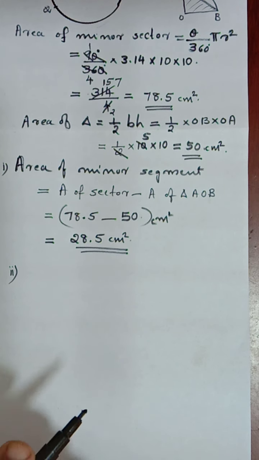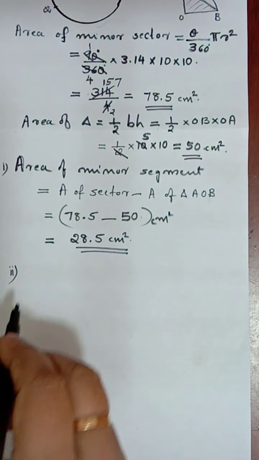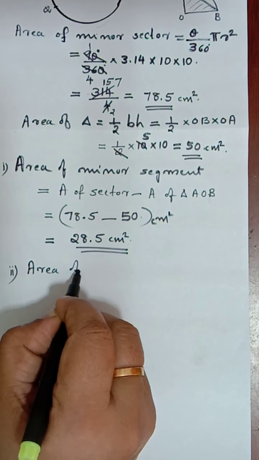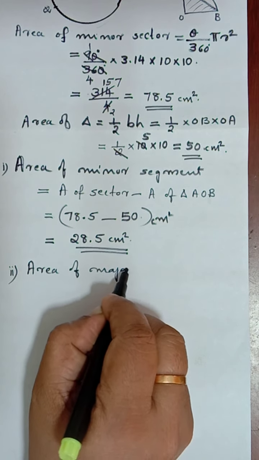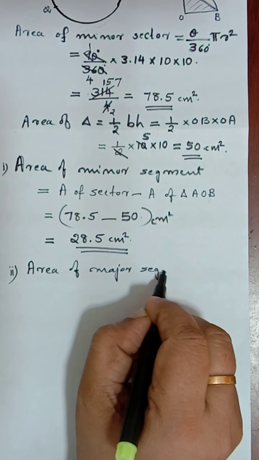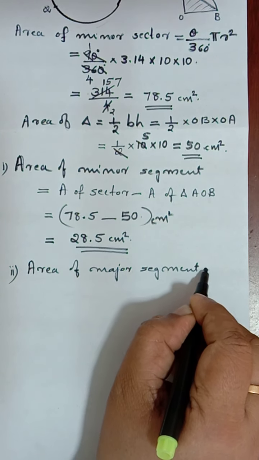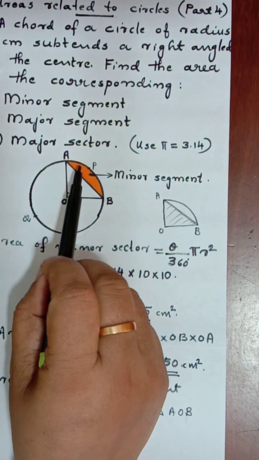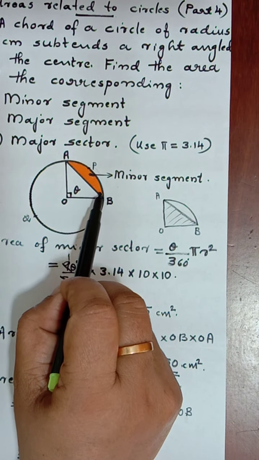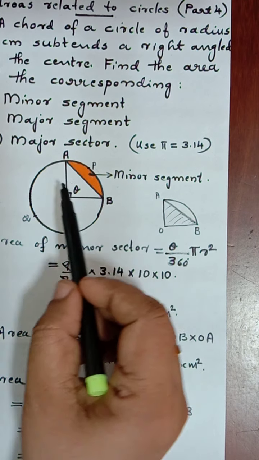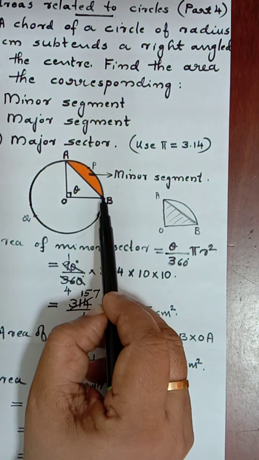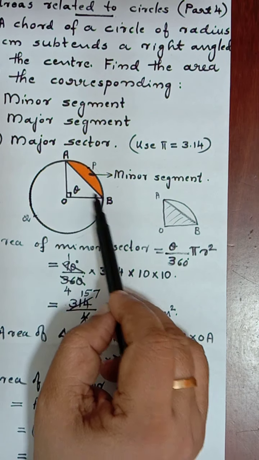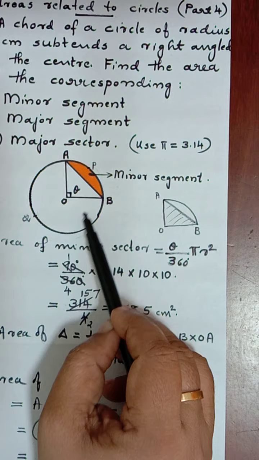Second part of the question is area of major segment. How do we get that? When you see the figure, you will understand. This is the minor segment, the orange colored area. The rest of it, the whole thing, that is AQBA, is the major segment.